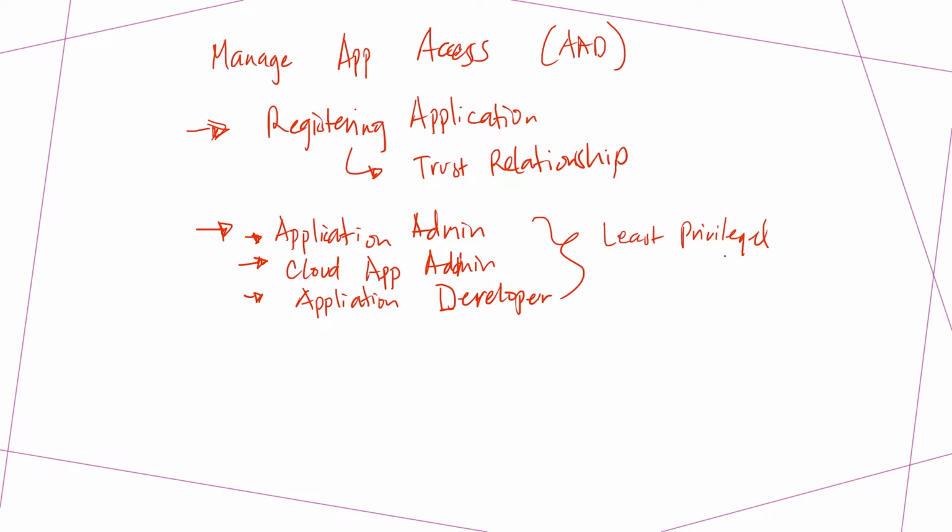So if you get asked in the exam what permissions or roles are required to register an application applying the least privilege concept, it would be one of these roles. Normally a global admin can do it, but it's not secure or safe to give someone global admin just to register an application.